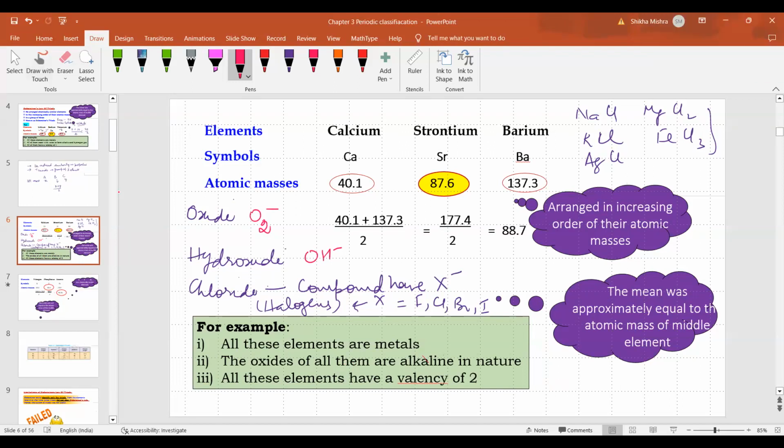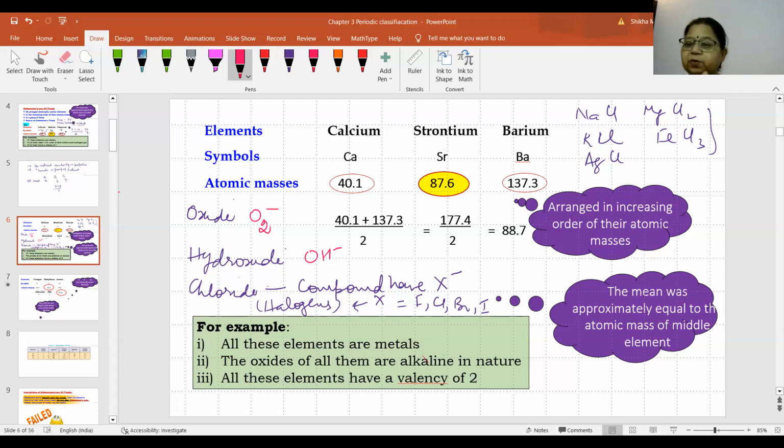You might have heard about the compound magnesium oxide when you were doing the class 10th chapter, chemical reactions and equations. Can somebody quickly tell me the formula of magnesium oxide? MgO. Correct. What about sodium oxide? Na2O. Very correct.